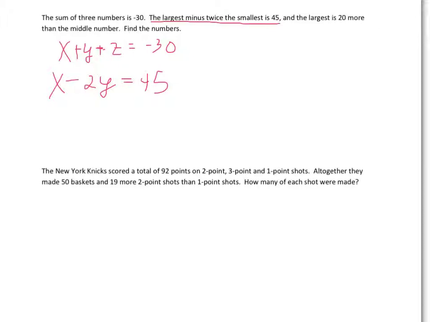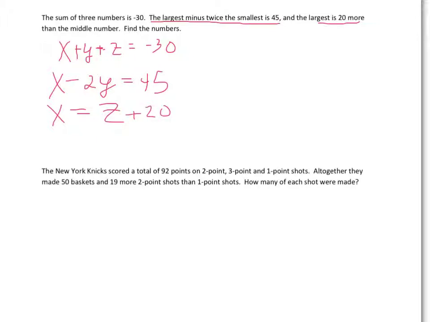So we have that equation. And then we have the largest, so X is 20 more than the middle. So X equals the middle number, which if X is the largest and Y is the smallest, that means Z is the middle. So if the largest is 20 more than the middle, if we add 20 to that, we're going to be looking good.